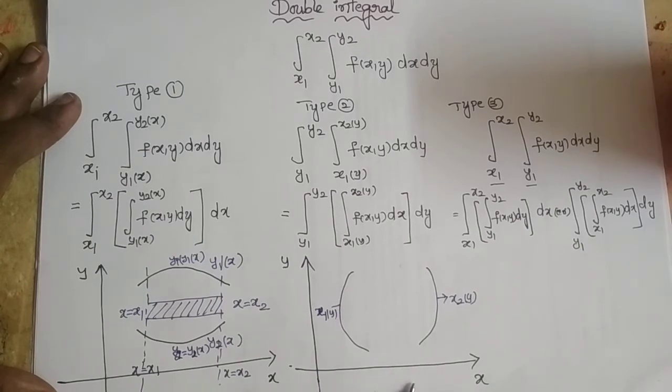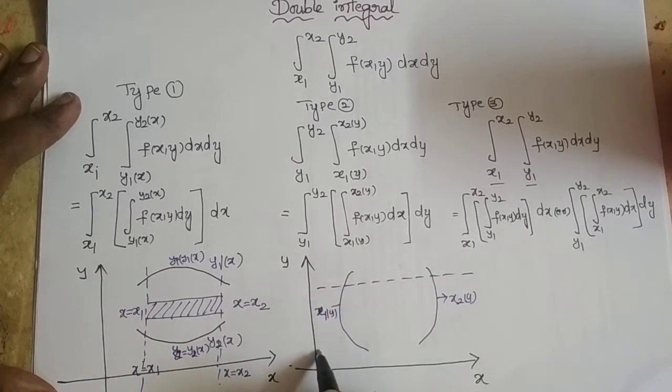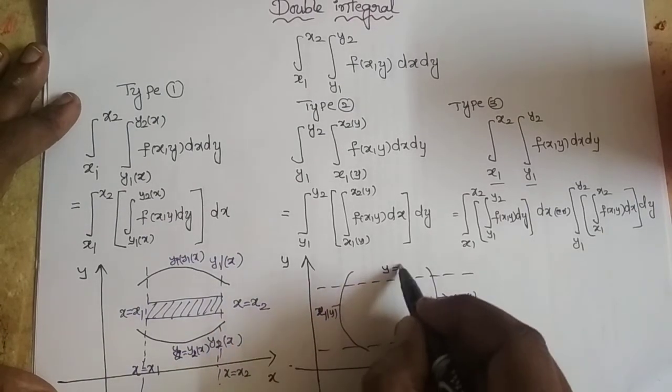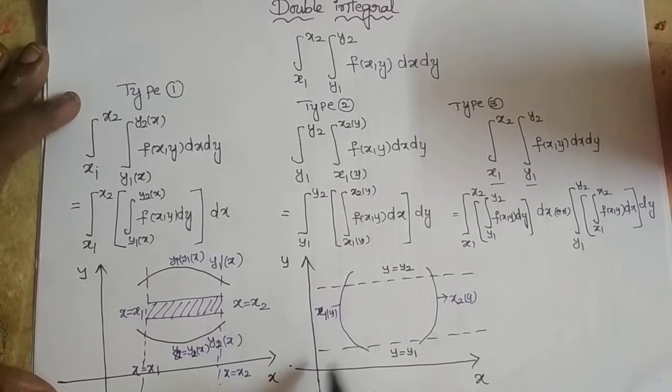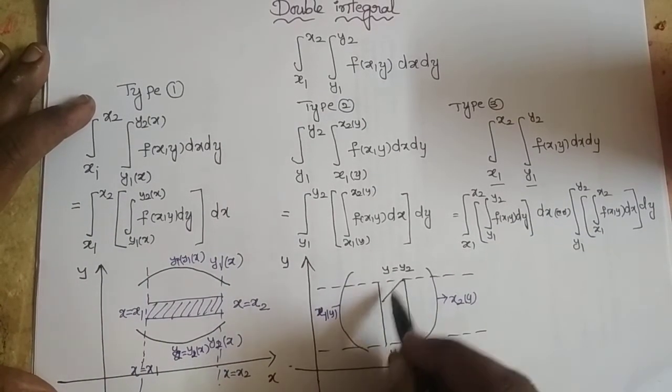So I take y's as boundaries. For example, this is one boundary, this is another boundary: here y is equal to some y1, here y is equal to some y2. The region of integration is taken vertically; this is the region of integration.